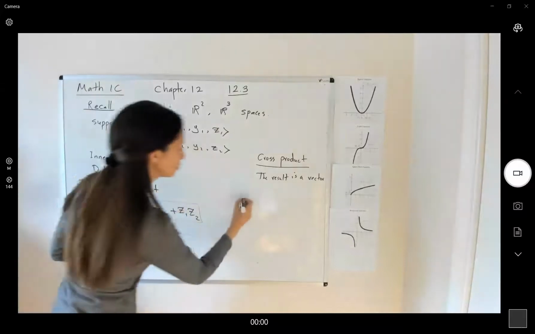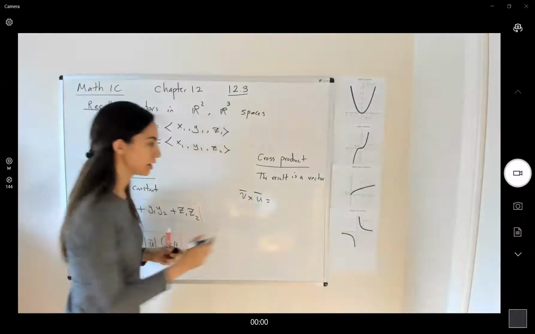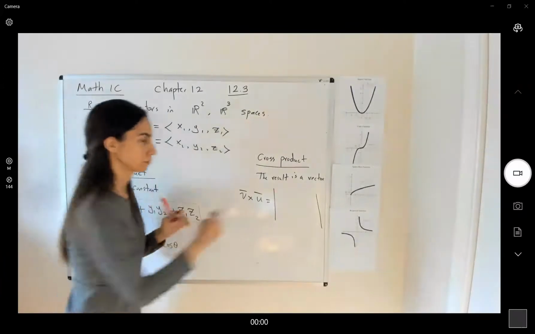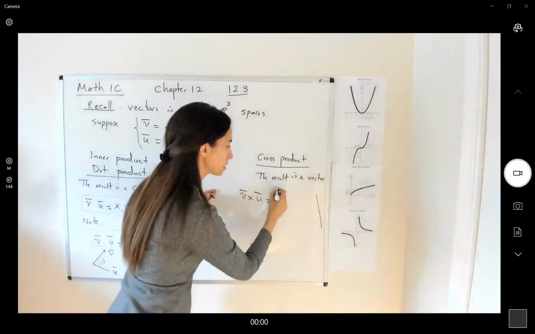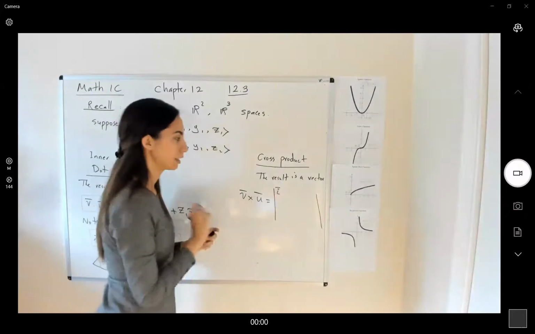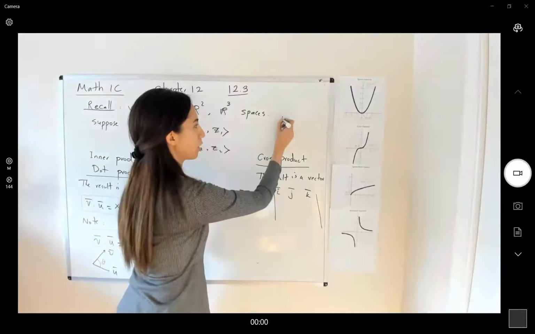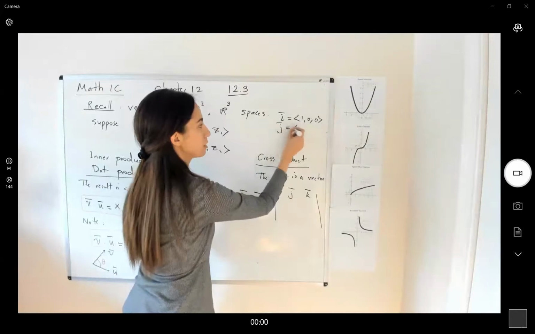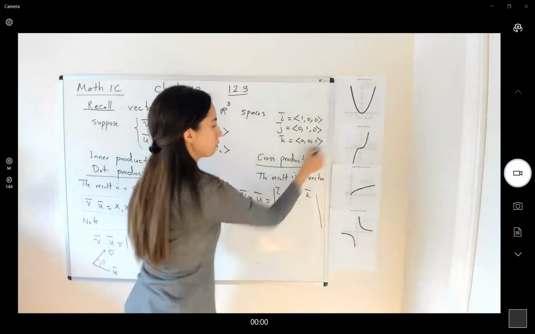V and U, V cross U, to be the determinant. The first row of your determinant is the standard vectors. We defined them last lecture, I, J, and K. Remember, I is 1, 0, 0, J is 0, 1, 0, and K is 0, 0, 1.